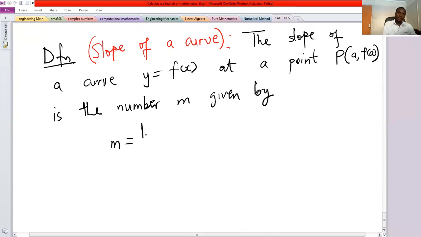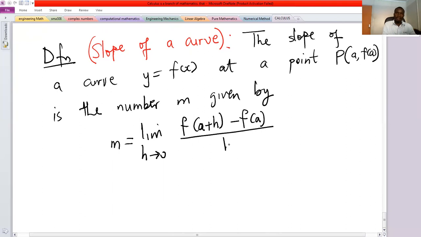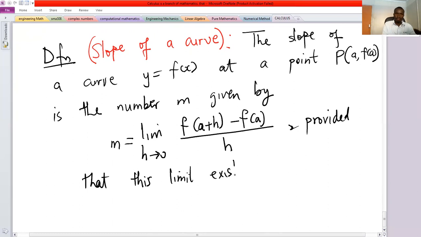m equals the limit as h approaches 0 of f of a plus h minus f of a divided by h, provided that this limit exists. So that is the definition of a slope of a curve.